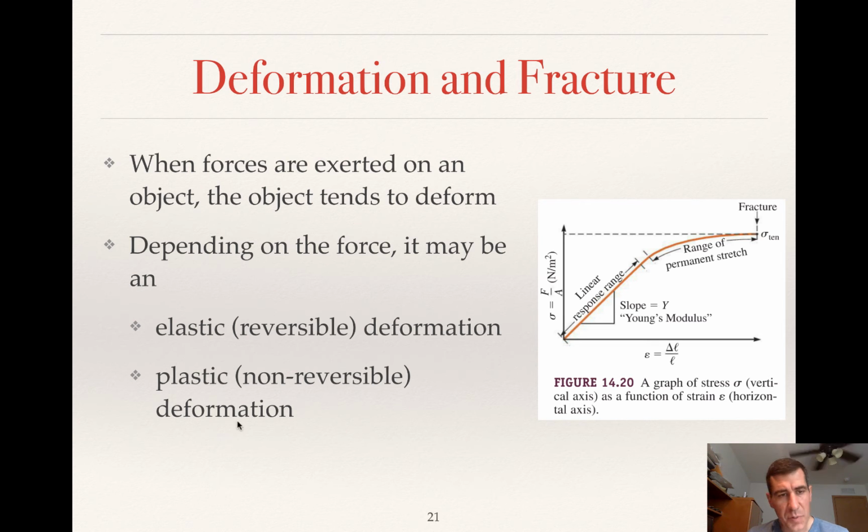A non-reversible deformation is sometimes known as a plastic deformation, so that's this range of permanent stretch in the plot here. And then eventually, if you just keep applying more and more stress, it'll fracture. Eventually the plot just stops, and that's where the ultimate strength or the fracture is.